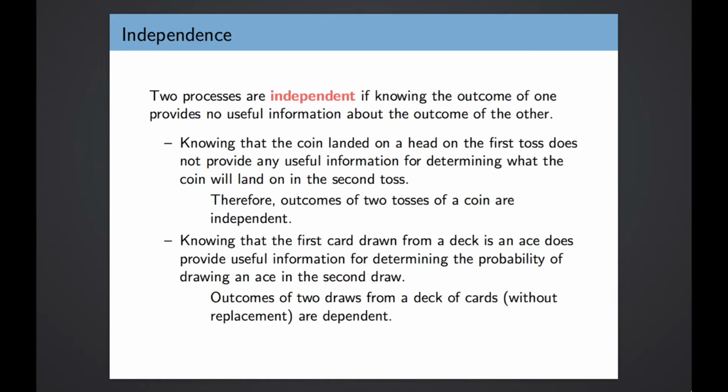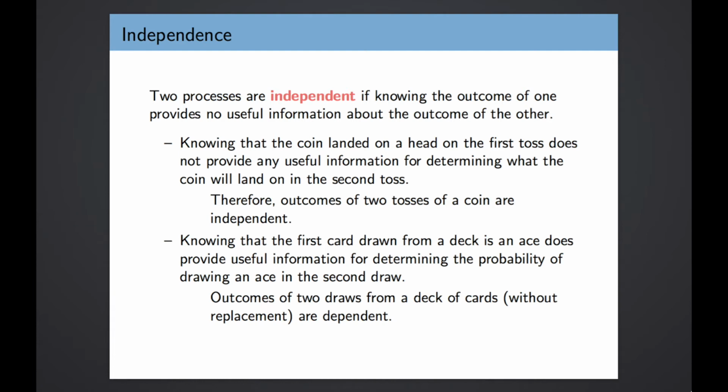Lots of the research questions that we're interested in have to do with disentangling whether processes are dependent or independent. For example, my research question could be about whether having information about somebody's annual income gives me any information about whether they're likely to vote Republican or Democrat.